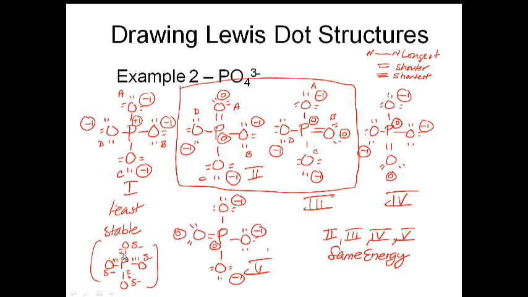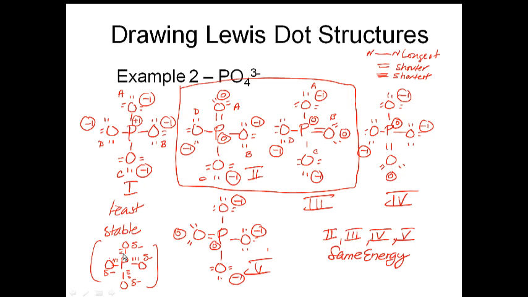the whole idea here is that there are oftentimes more than one legitimate resonance structure. And when we have those situations, we most likely have resonance structures. When we have resonance structures, we need to write all the possibilities that are legitimate, right, that follow the rules of valency.